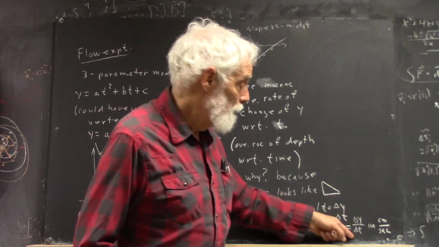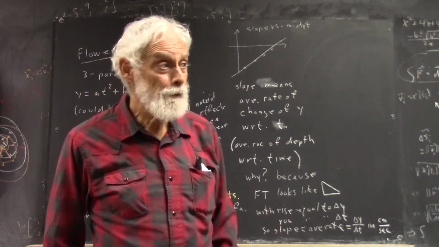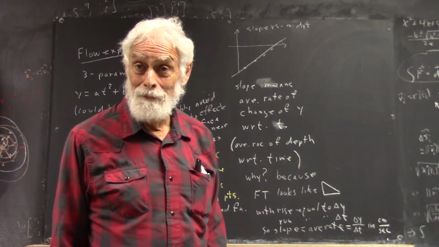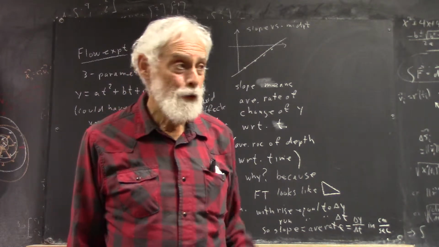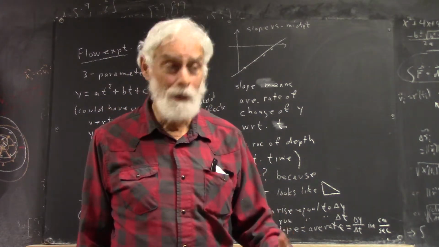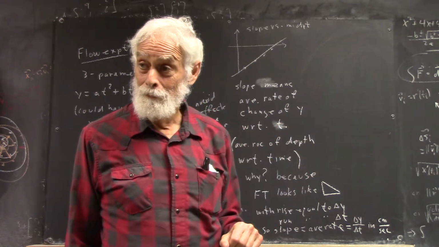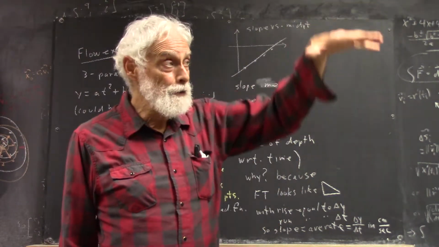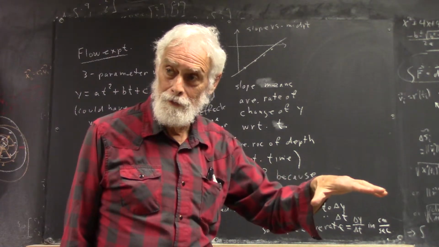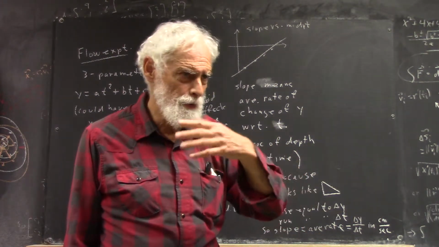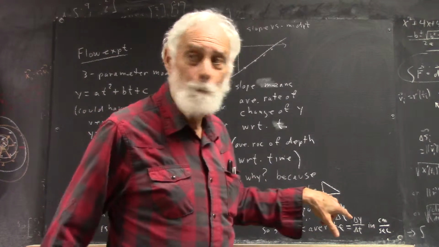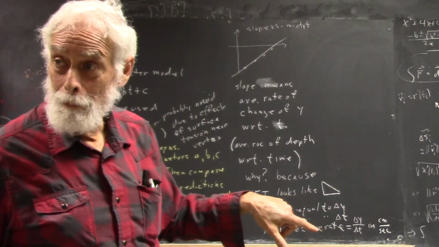So your delta Y over delta T tells you how fast. The rate at which depth changes in time is how fast the water surface is moving. Moving faster up here than it is down here. That was kind of exponential, so don't take that literally. Okay? Make sense?